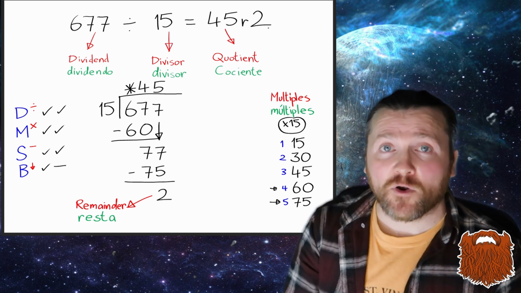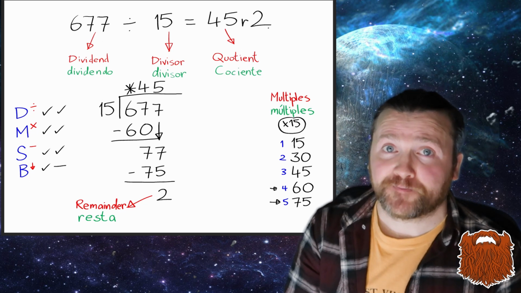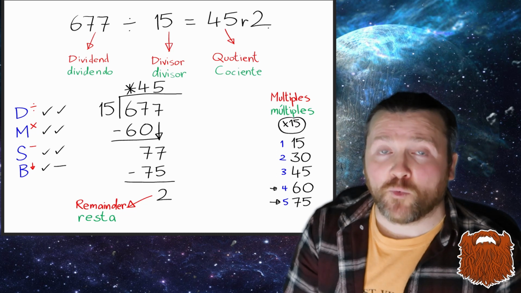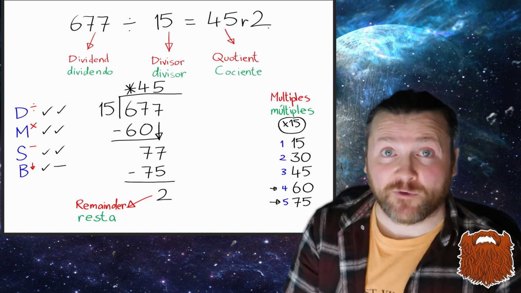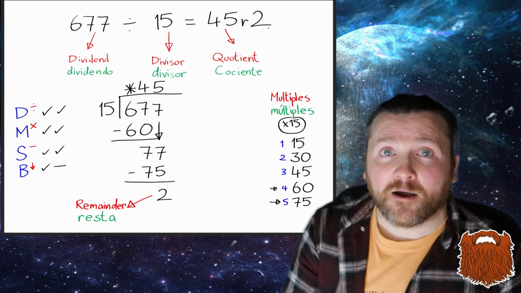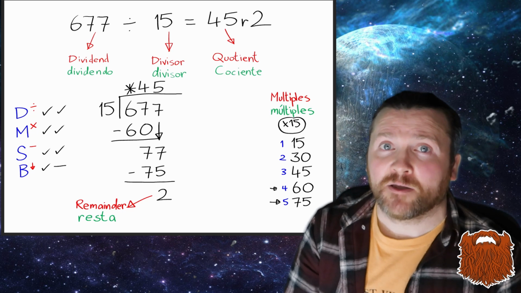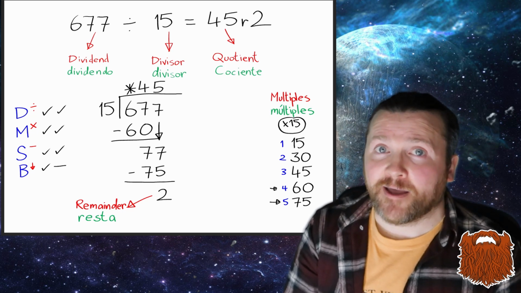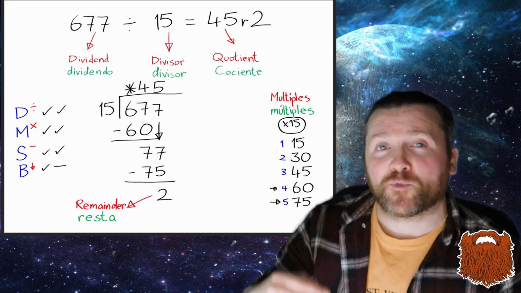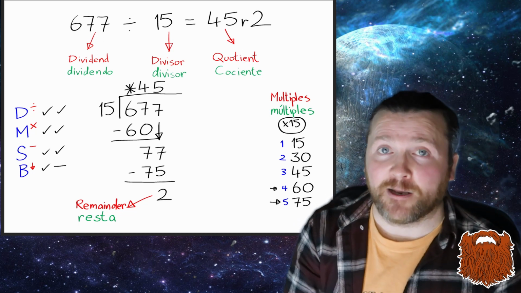Okay, so for homework, I'm going to give you 10 long division problems to do. 5 will be with a remainder, and 5 will be without a remainder. You can do them all at once, but I would recommend maybe doing 2 a day before the next video, so that your brain will constantly be reminded of the steps, and hopefully that'll help.